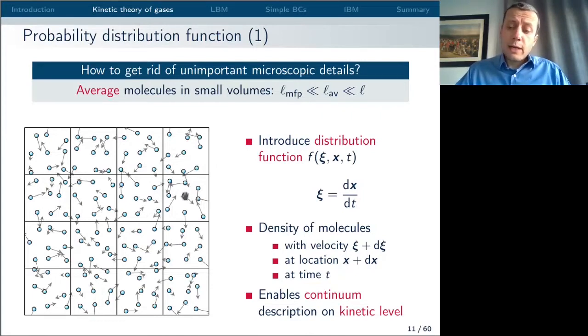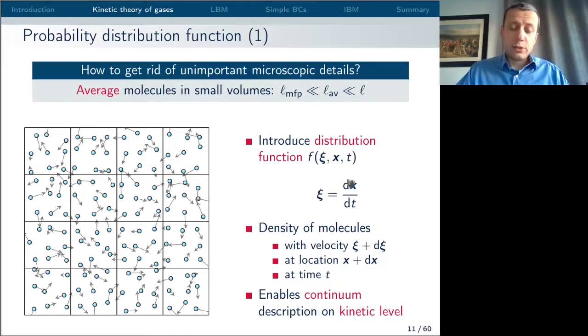The only thing I really want to know is where the molecules are going on average, and what their distribution in velocity space is. The important concept here is that from Navier-Stokes you have time and space as variables, but here we also take the velocity of molecules as a variable, and this is psi. Psi is the molecular velocity.